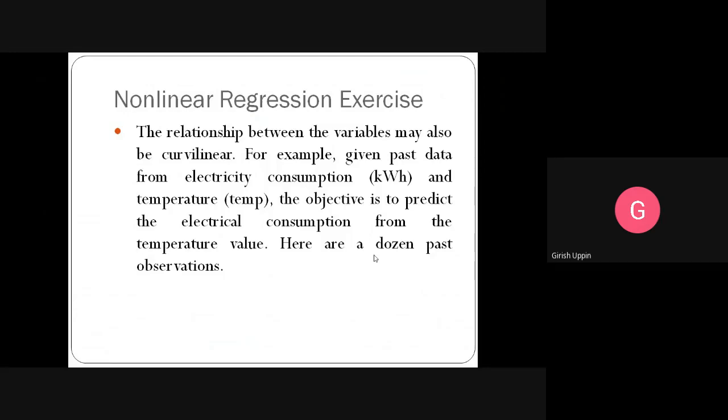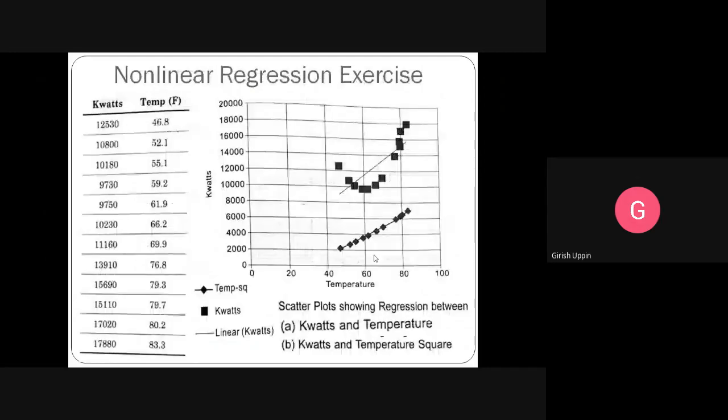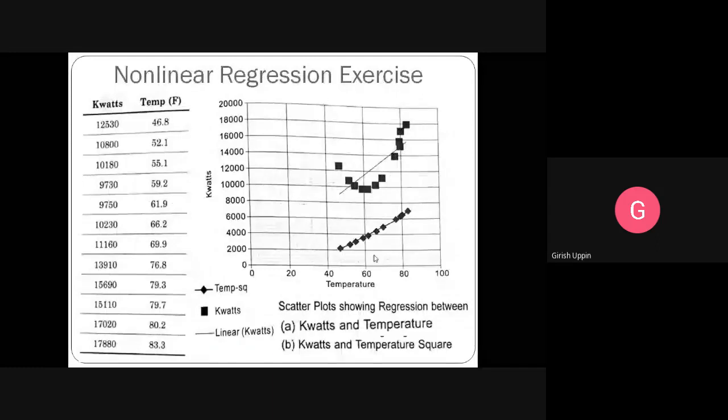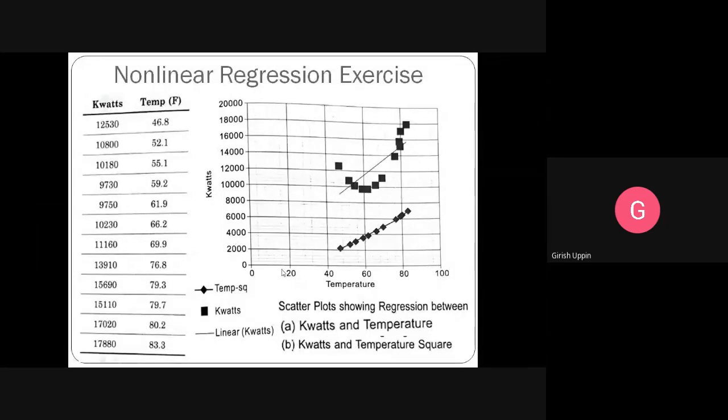The data available is the temperature and the power consumption. There is a good relationship between the outside temperature and the power consumption for a city, or a particular area, or a particular country. It could be anything, depending on what kind of analysis you are doing.